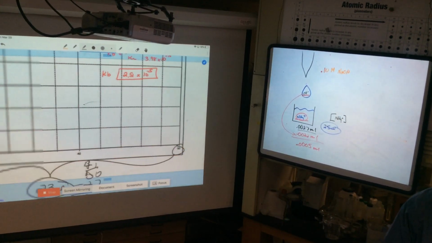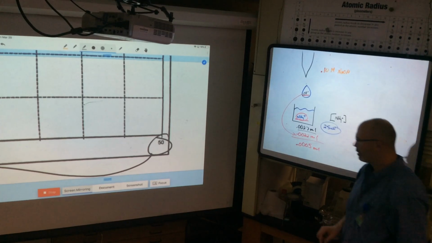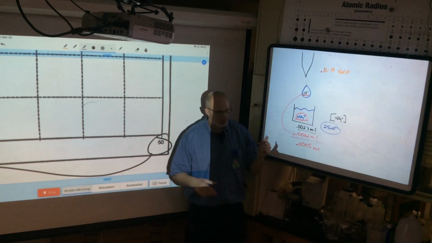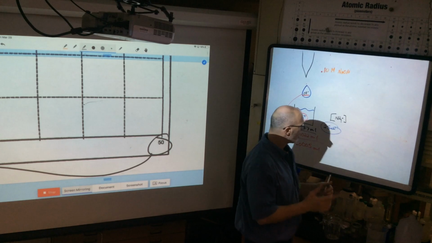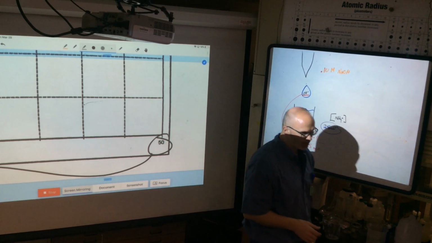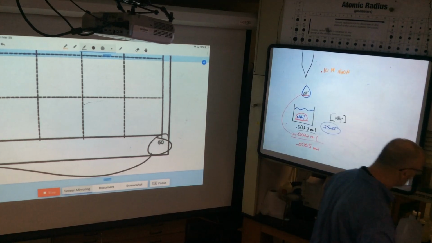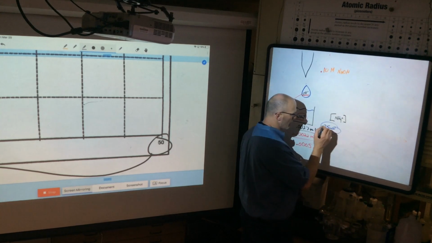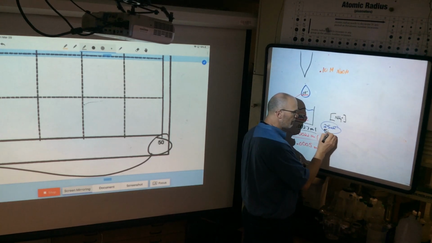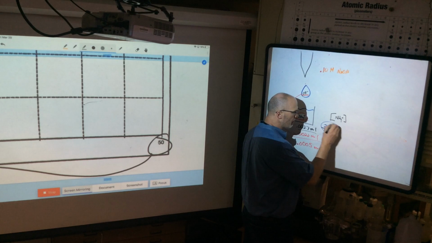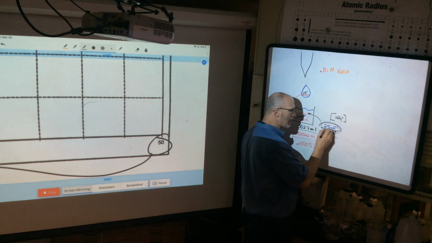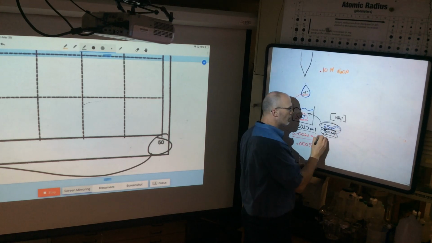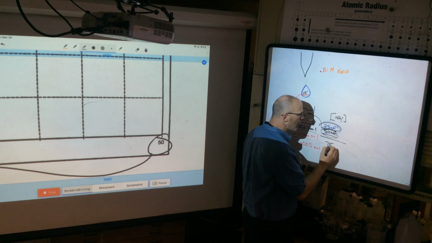We've added 50 total milliliters of base, and we started out with 25, so we have 25 plus 50 milliliters.